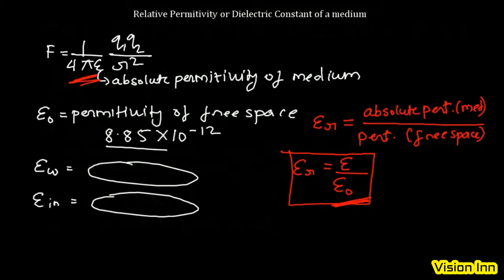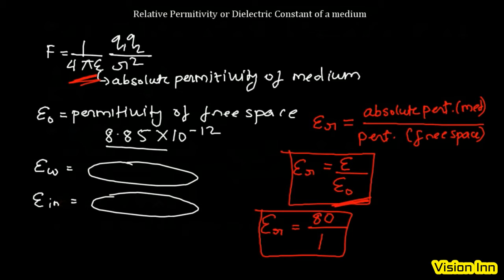Suppose we know that the permittivity of free space is 1 and that of water is 80, which means that the relative permittivity of water compared to that of air is 80. Okay, that means water will have 80 times more resistance than free air for the interaction of charges.